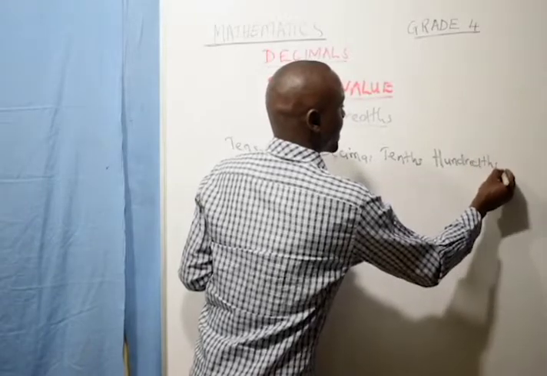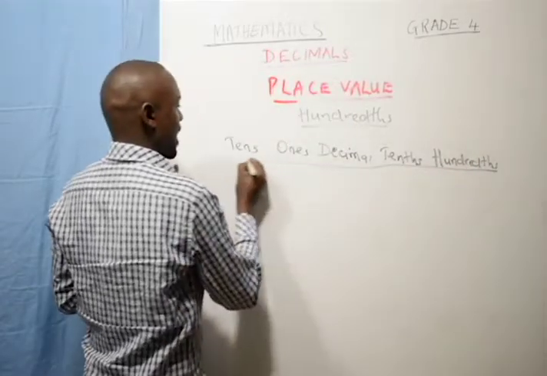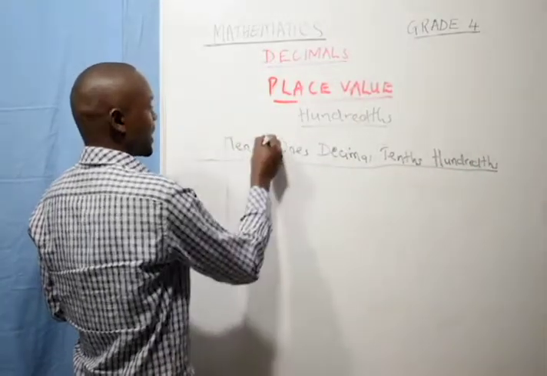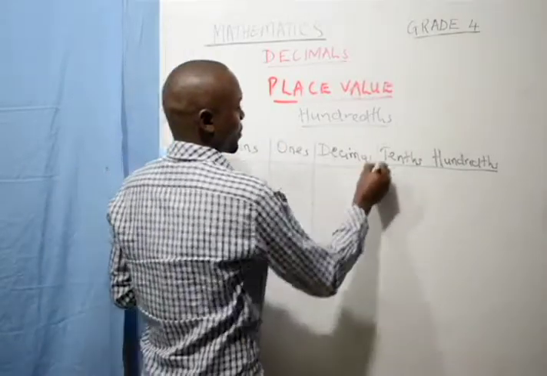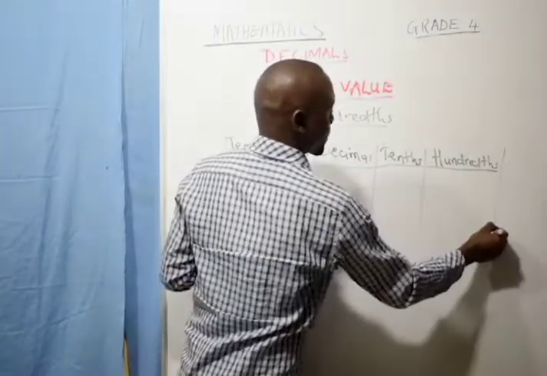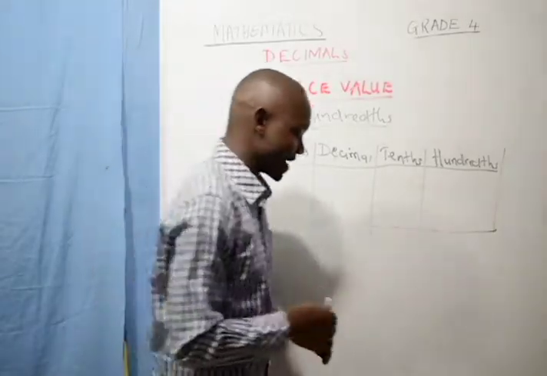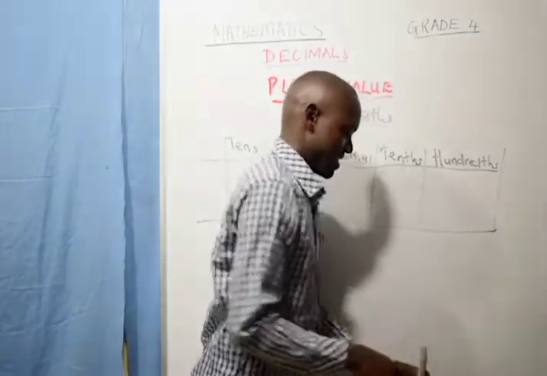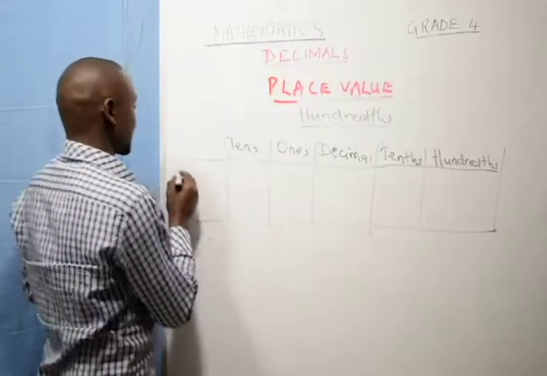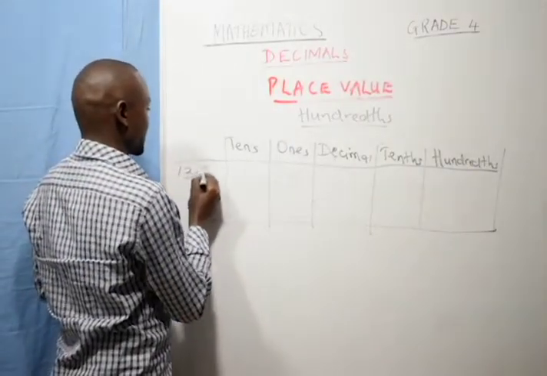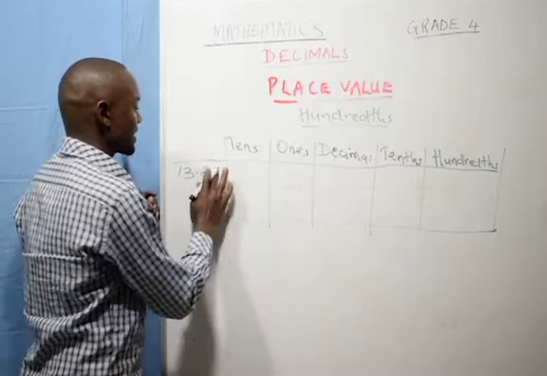In the place value chart, we are going to represent the numbers. We have the first number, 13.69.